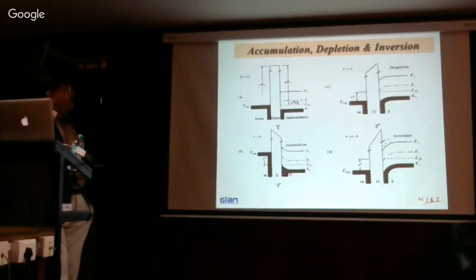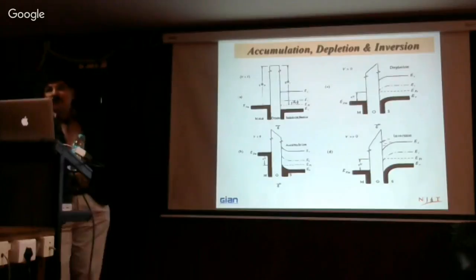That means at the interface, the holes are depleted. Once the holes are depleted, the Fermi level goes close to the intrinsic one. Then, when you go for inversion, the Fermi level crosses the intrinsic one, representing that there are electrons at the interface during inversion. This is the P type.